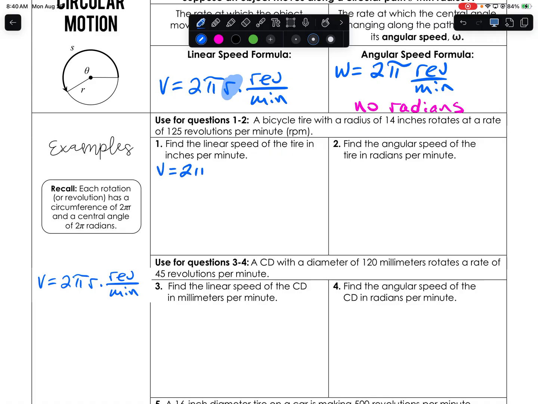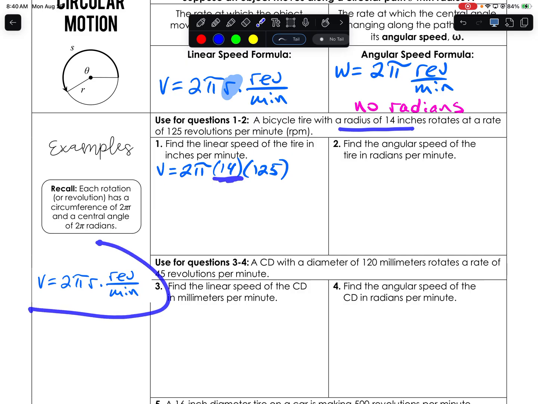V equals 2 pi times 14 times 125, because they give it in revolutions per minute right here. So that's where the 125 came from, and the 14 is the radius. So you plug it in right there using this formula right here.